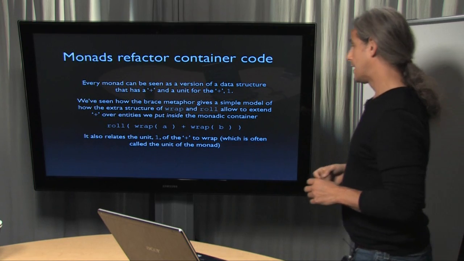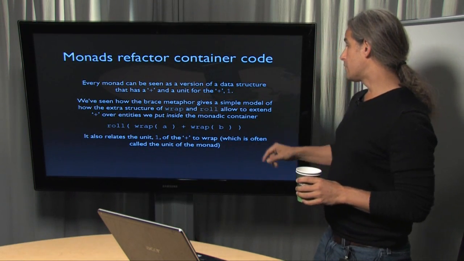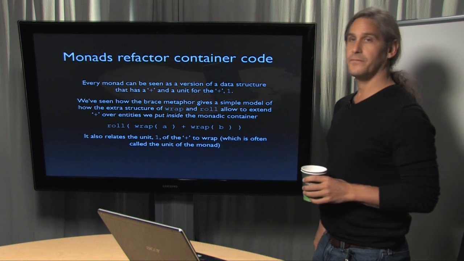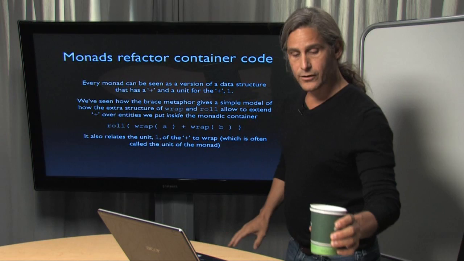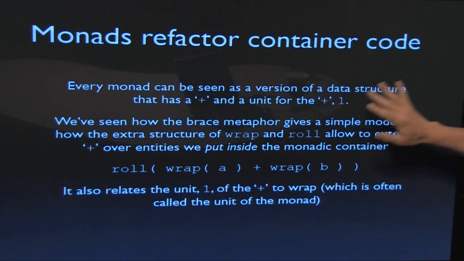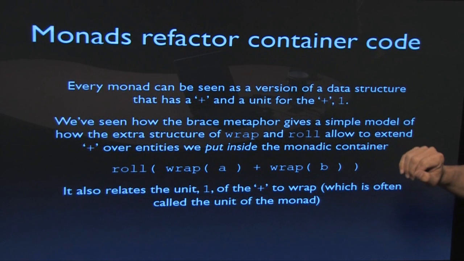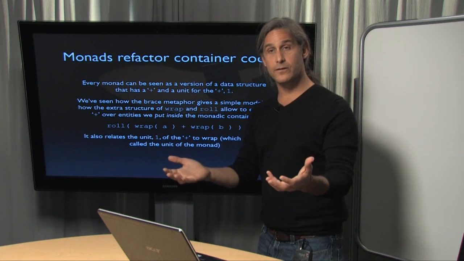All right. Now it also gives you the notion of unit. Now that's when you know that your metaphor has some power, if you can kind of cover the whole surface area of the idea and it makes coherent sense all the way through.